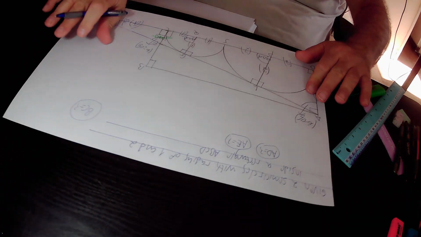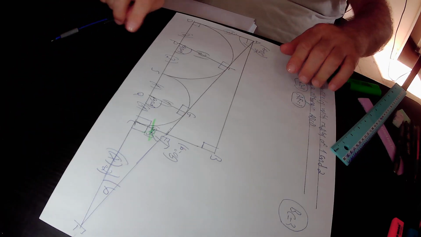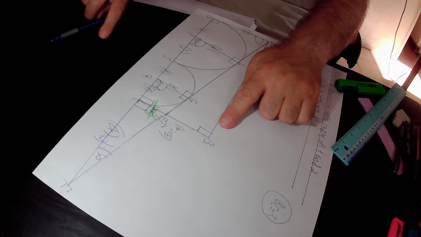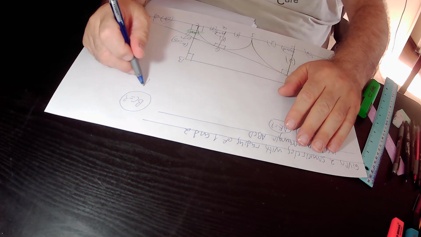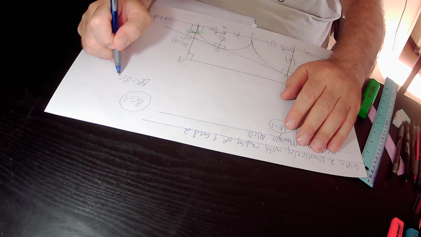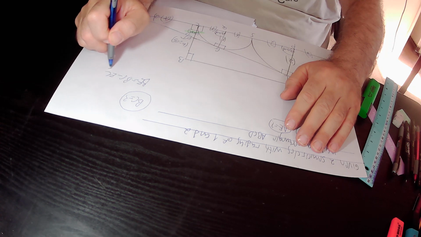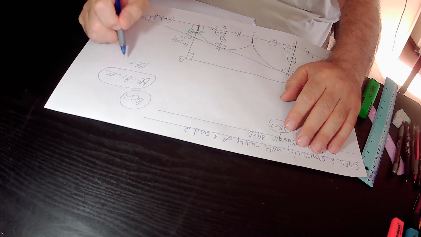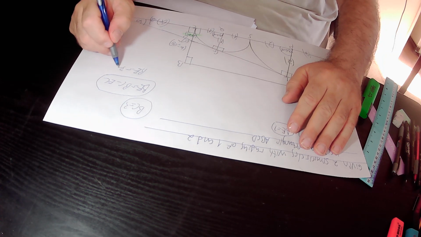What is the length of this missing line segment, BE? From the drawing, it is very easy to see that BE equals BC minus EC. Again, BE equals BC minus EC. So I write it down. So BE equals BC, BC is 3, minus EC.